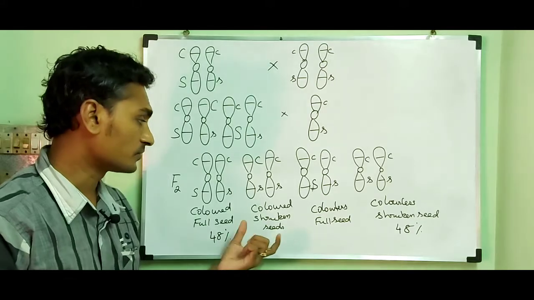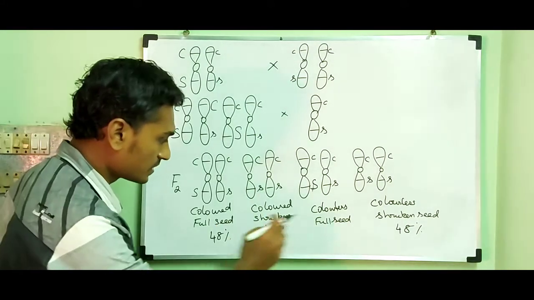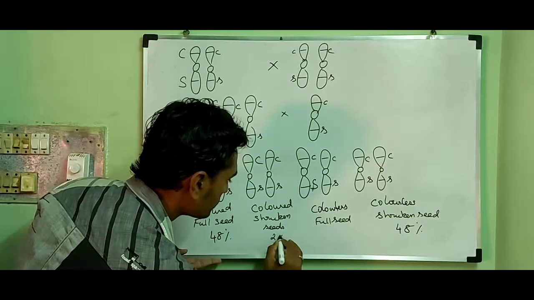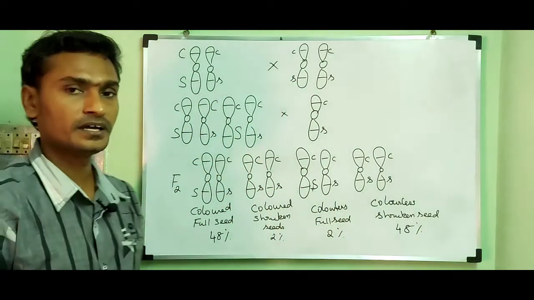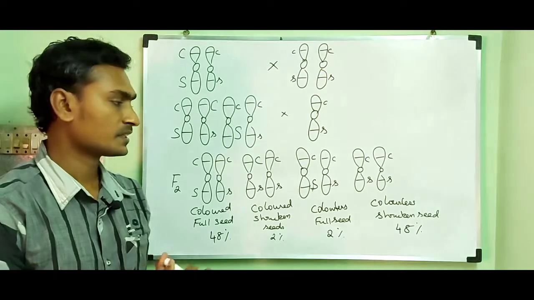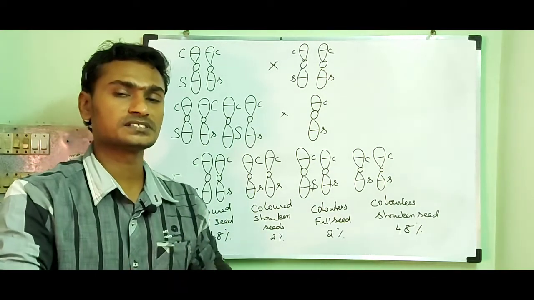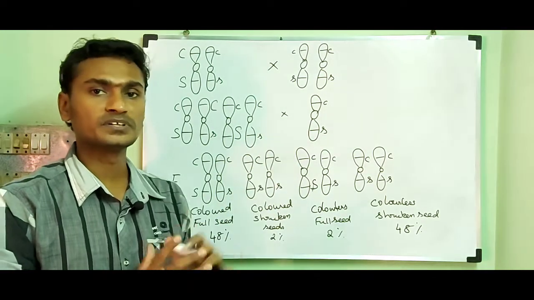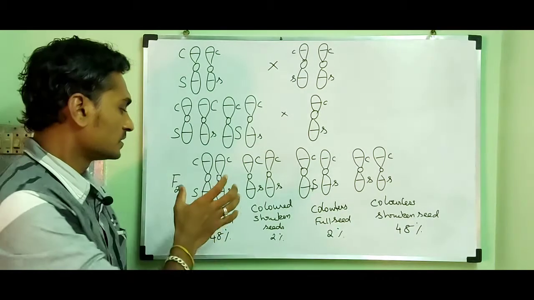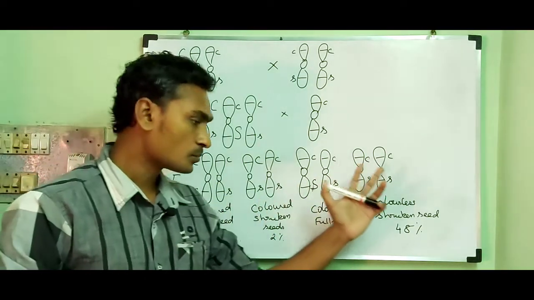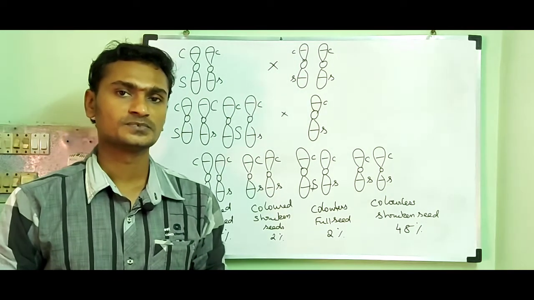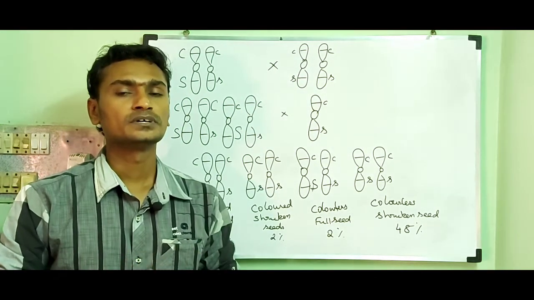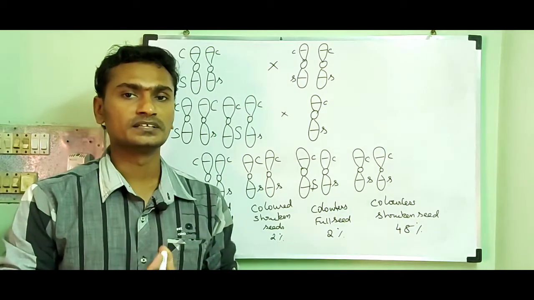In the case of recombinants, each one has 2%, and it shows that crossing over is present in incomplete linkage and the parental combinations are more in number due to linked genes. So that's all about incomplete and complete linkage.